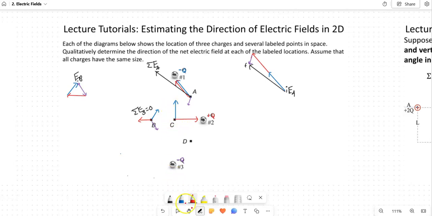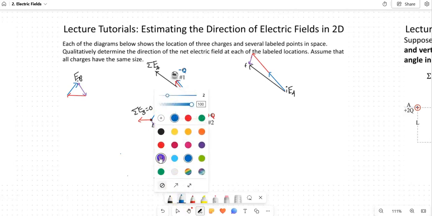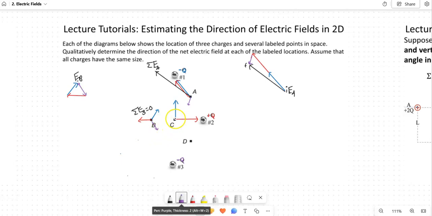And the purple guy should be the same size as the blue guy and pointed straight down towards it.